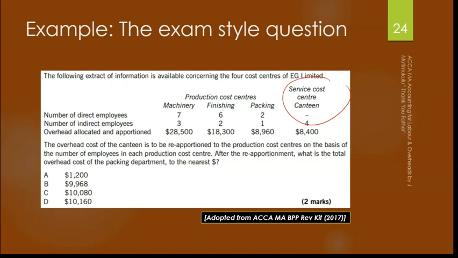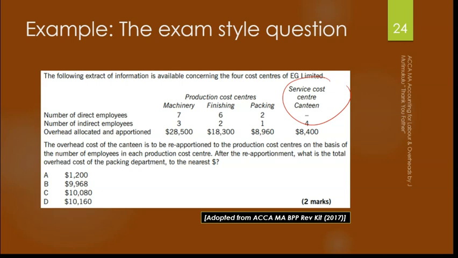So we've got 3 production departments: machinery, finishing, packing. Number of employees 762, number of indirect employees 321, and overhead allocated and apportioned, we've got 28,500, 18,300, 8,960, 8,400.